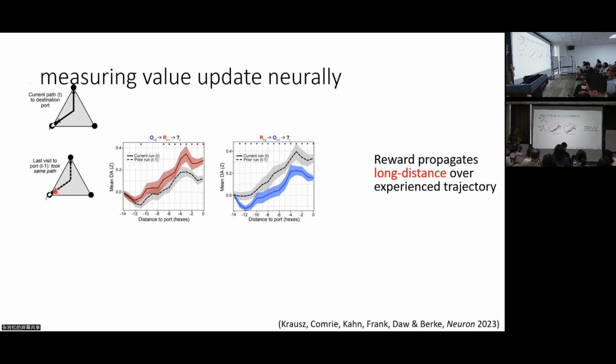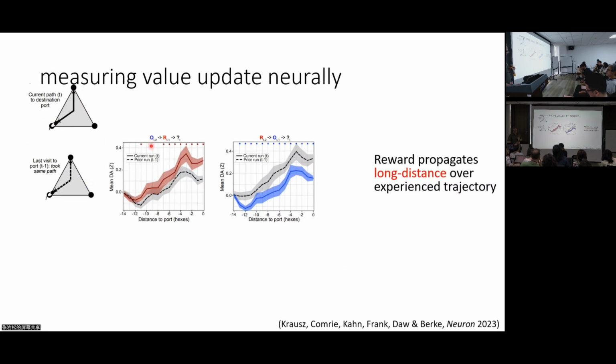There are different ways to visualize this. Again, we have very elaborate analyses and models, but I just want to show you a visualization that gives you the feel. This is sort of similar to what I showed you for the behavior. The animal runs from port A to port B, and then from port A to port B again. And we're actually going to look at situations when he runs the same path 3 times in a row.